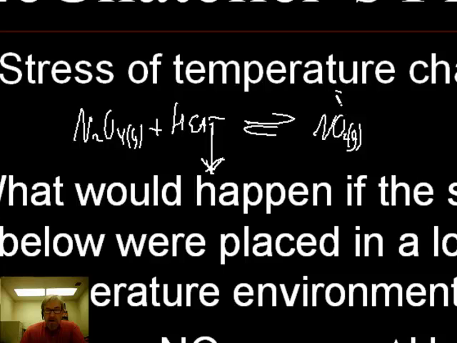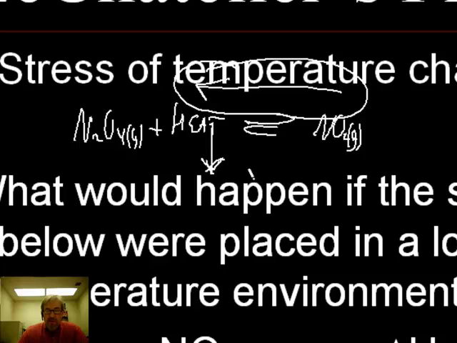In other words, it's going to go to the left and create more heat to make up for the lost heat by going in a lower temperature environment. So we can generalize by saying an increase in temperature causes the reaction to shift in the endothermic direction. A decrease in temperature is going to cause the reaction to shift in the exothermic direction.